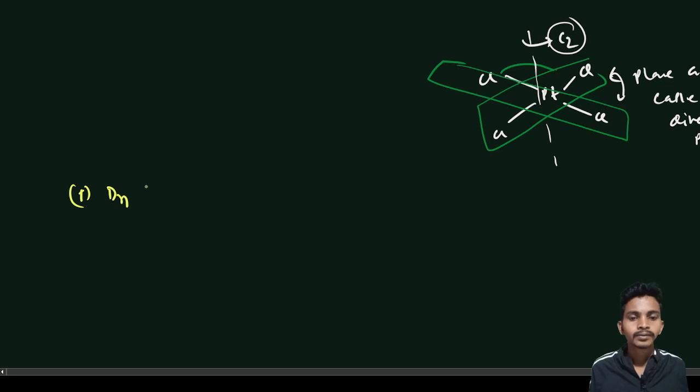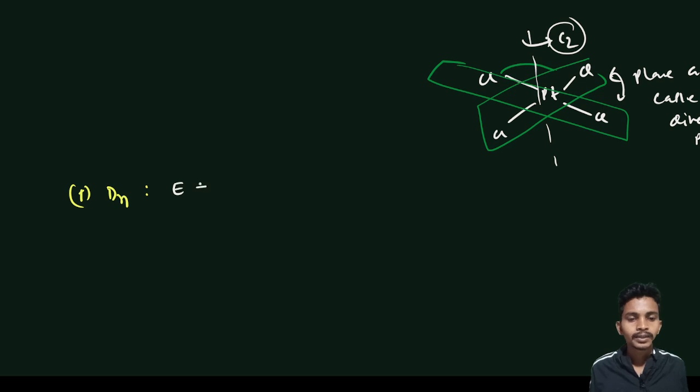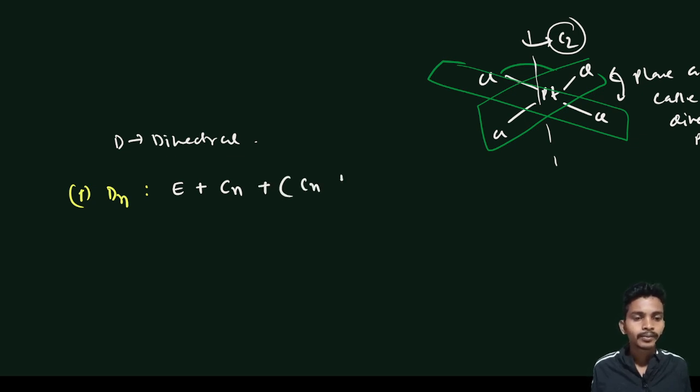Okay, so the first group we will talk about is Dn. What symmetry elements should be present? First, E should be present, and since there is more than one rotational axis, and D represents dihedral, the principal axis Cn is there, and with that Cn perpendicular to nC2 is there.